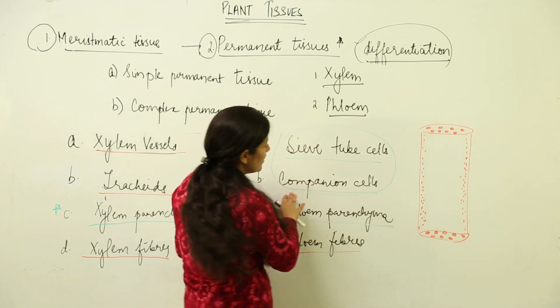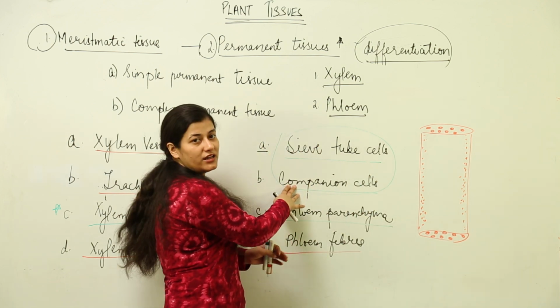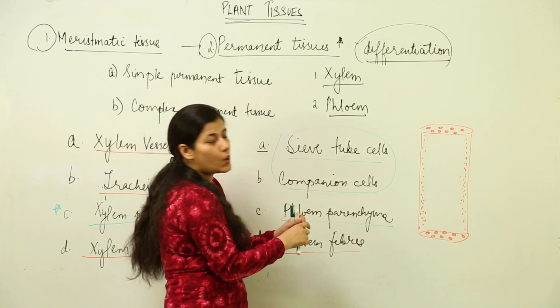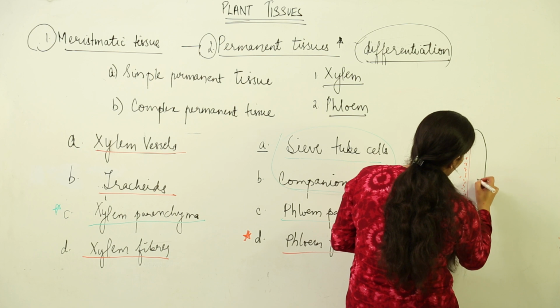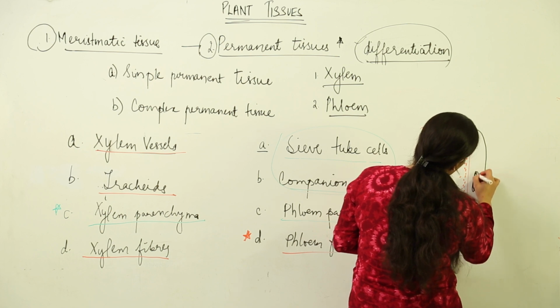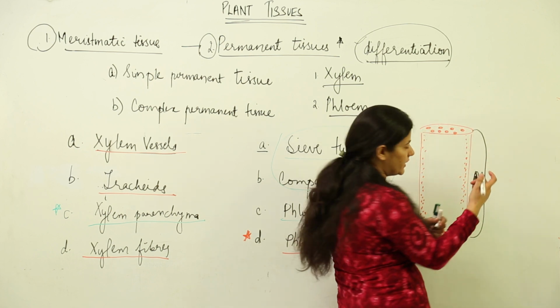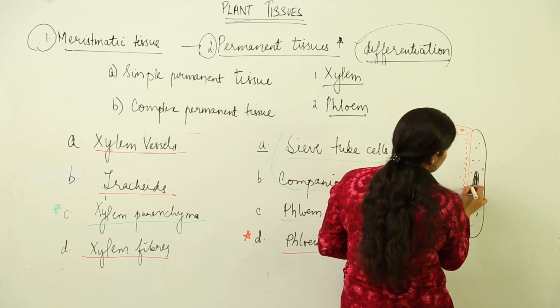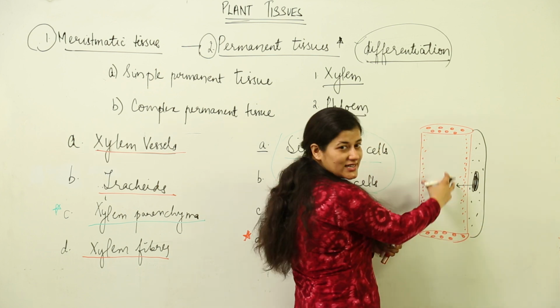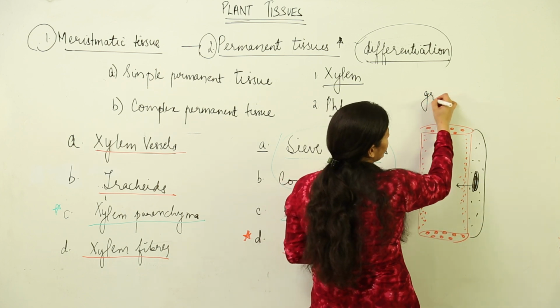For that, we have the companion cell. Why has it been named companion? Because it is always present along with the sieve tube cell. The individual sieve tube cell will have its companion cell, which has a huge nucleus. It is a typical plant cell with a nucleus and other organelles, and this nucleus is responsible for maintaining the gradients.